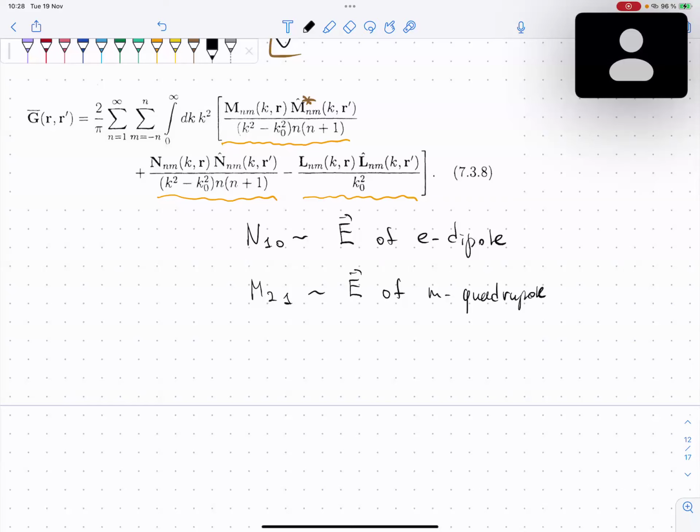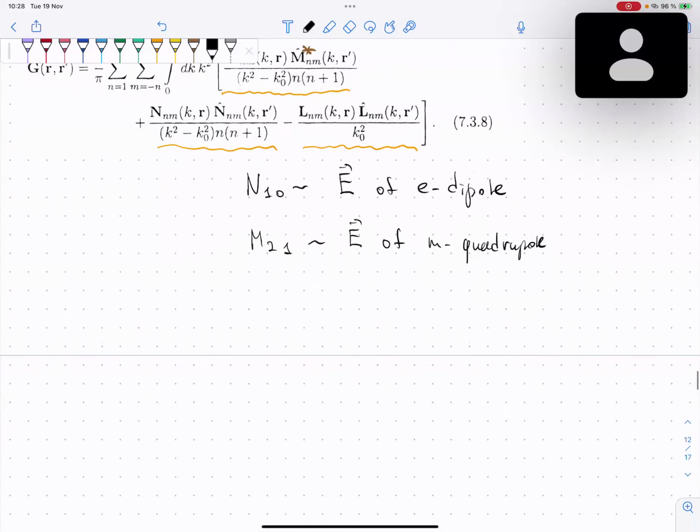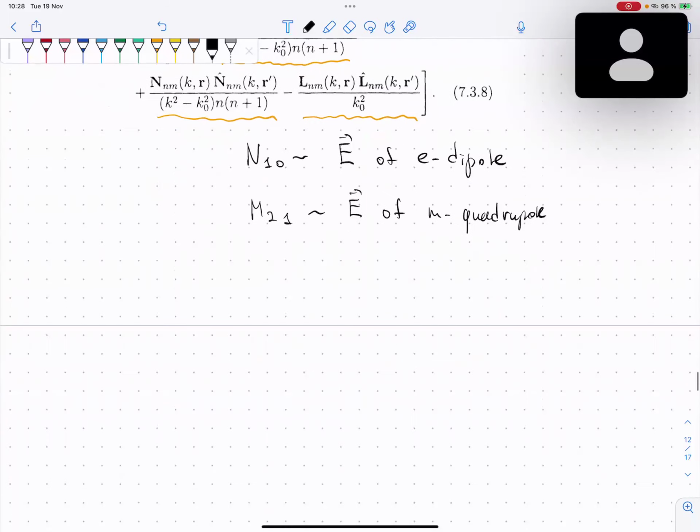In the case of the dipole, when we have a dipole particle, we remember that the electric field of the dipole is alpha, the polarizability of the dipole, multiplied by the Green function of R minus R0, multiplied by the incident electric field at the position of the particle.